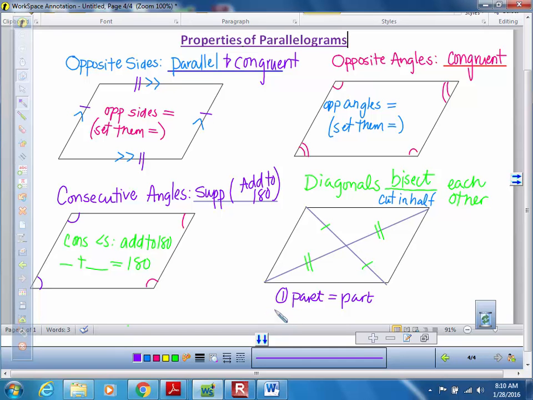And second, 2 times our part would equal the whole. So if this was 6, because that's the same, I know that 2 times 6 would give us this length, which would be 12. So, make sure you have these properties written down.